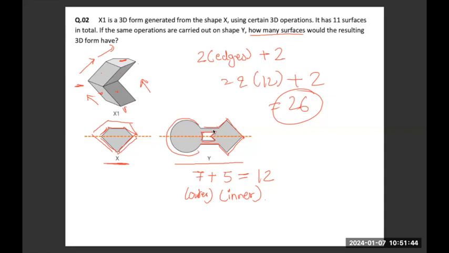Okay, so it has not counted the bottom surface in that case. Yes, so it has not counted the bottom surface, it has just counted the top surfaces. Then it will be 11 surfaces. I have not seen that, I'm sorry. So this 2 will actually be 1. It should be 25.